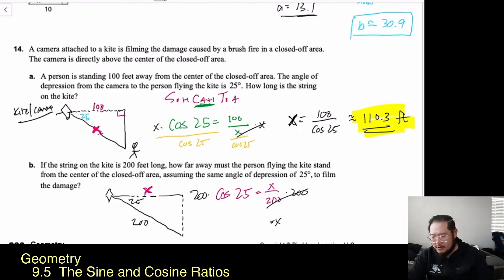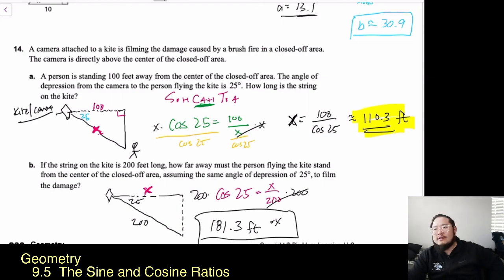And this now happens to be 181.3 feet. And that's how far the person needs to be away from the damage based off of the given length of the kite or the string of the kite. Okay? There you go, section 9.5, sine and cosine. Remember, SohCahToa.